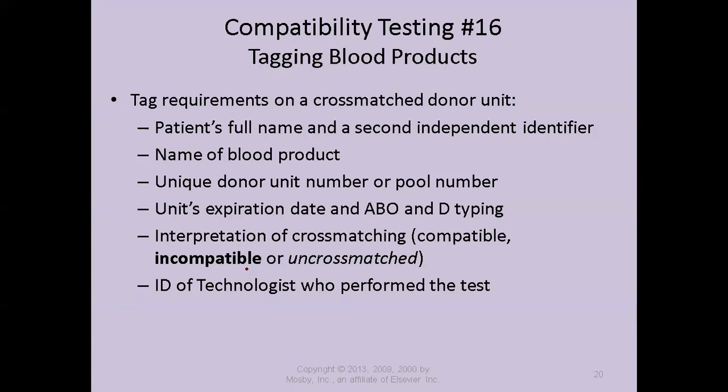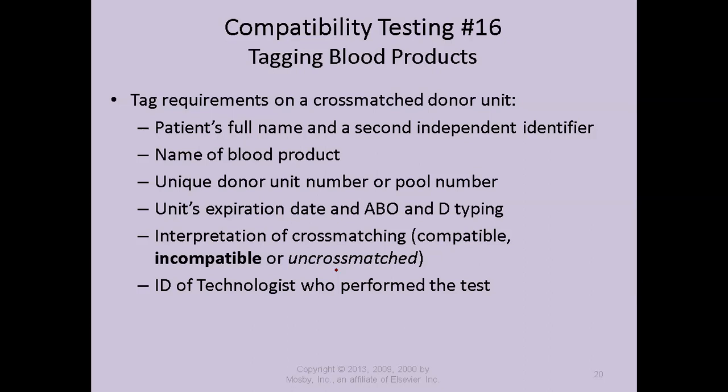Uncross-matched simply means that this happens a lot in emergency situations. Let's say we're working at a trauma center, a UPenn, a Temple, an Einstein, on a weekend, and somebody comes in with a gunshot wound and they're hemorrhaging and bleeding out, and they're calling from the emergency department, send us 5 units. We need them now, stat. You may not have time to cross-match those units before you release them.